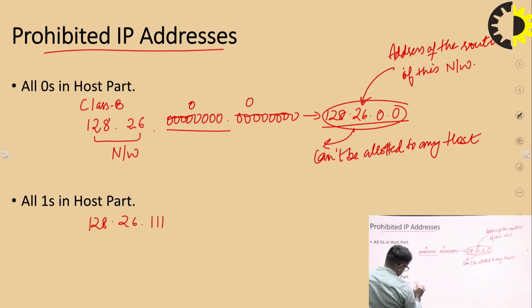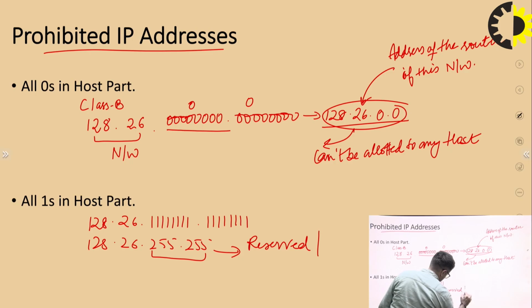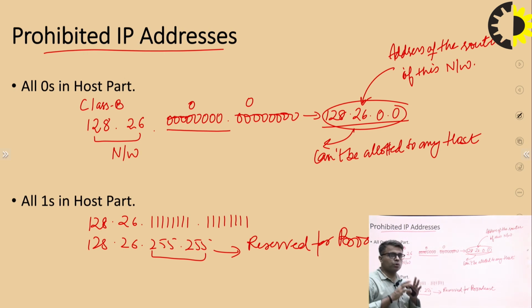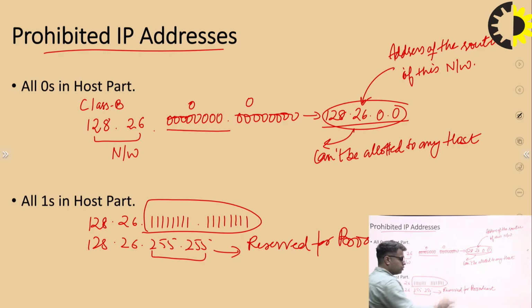Similarly, all ones: 128.26.255.255. This is reserved for broadcast. If any user in the network wants to broadcast a message to all the devices on the network, then in the destination address, instead of mentioning the host ID, there has to be all ones.